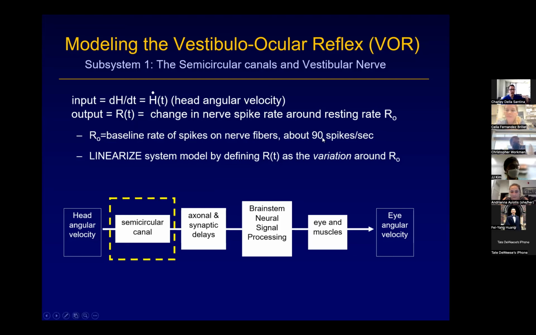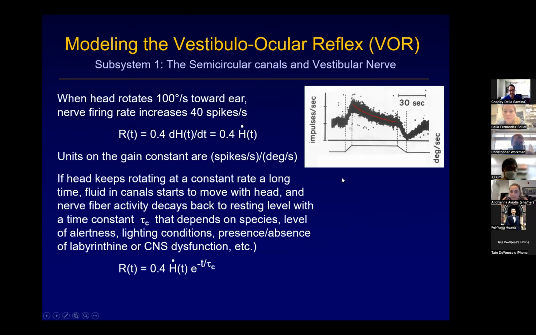And when you start moving, they fire faster. When you move in the other direction, they fire slower. Well, to make this a linear function, we're going to linearize the system by defining this function r as the change in firing rate around the resting rate. So it's sitting at an r of 0 all the time, and we can go positive or negative if you turn your head left or right.